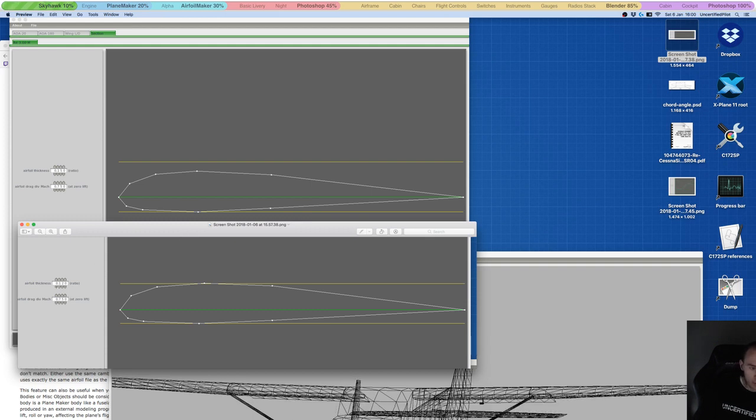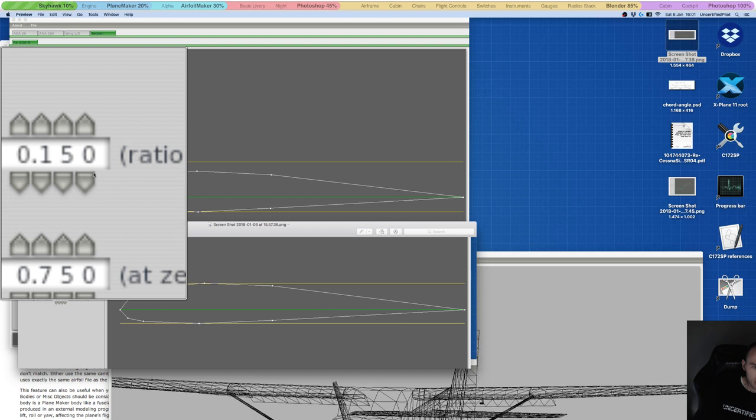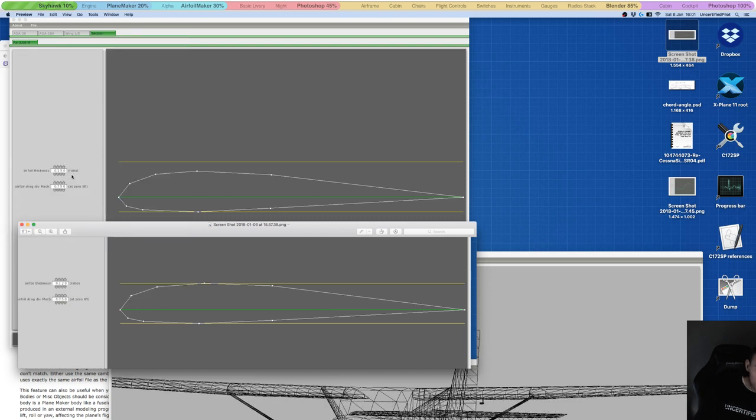This one has a 12 thickness. This one has a 0.15 ratio of thickness. And it also, yeah, it does have a different shape.